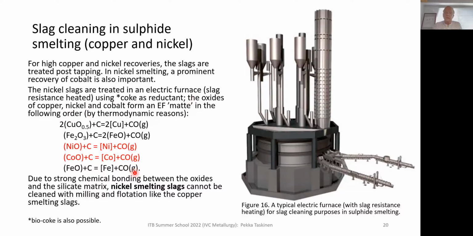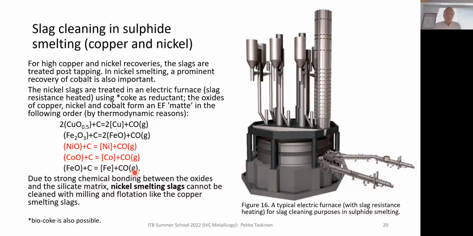The reason is that otherwise in nickel smelting we are losing most of these elements in the slag if we don't carry out the slag cleaning with a high intensity.